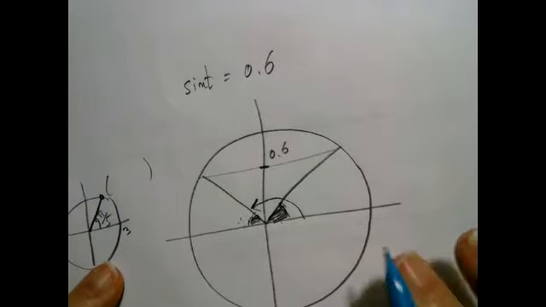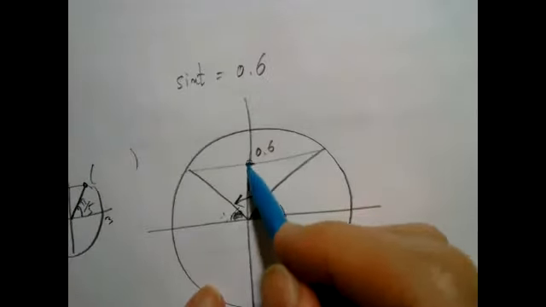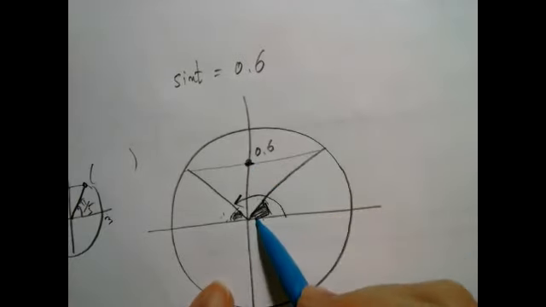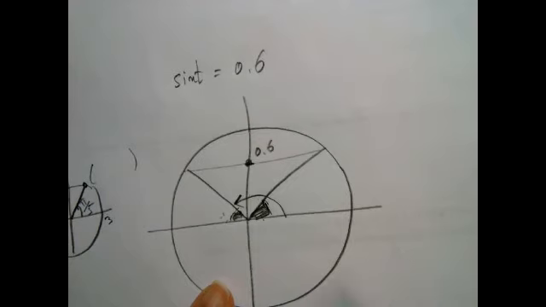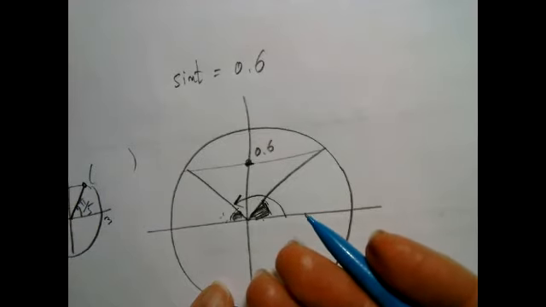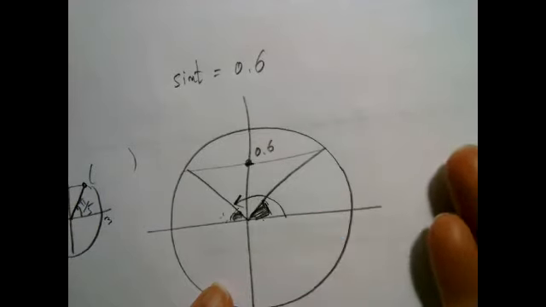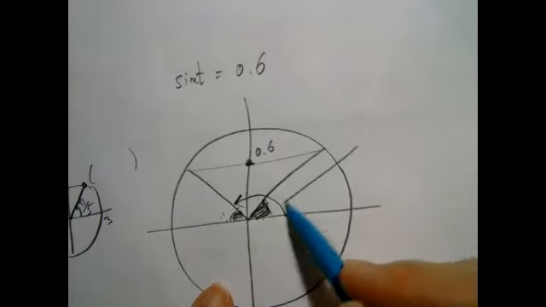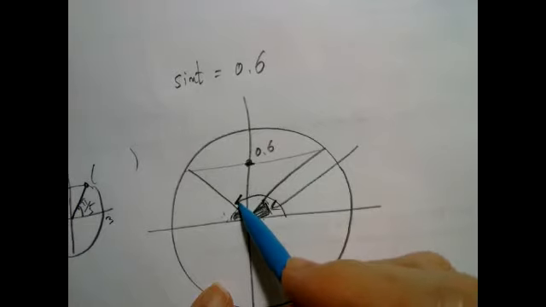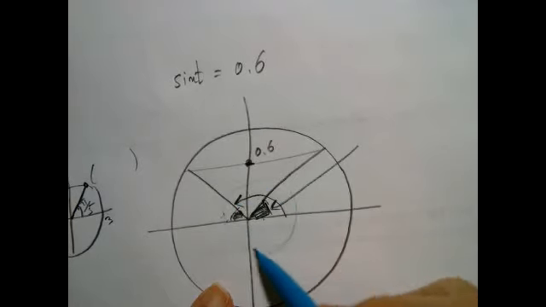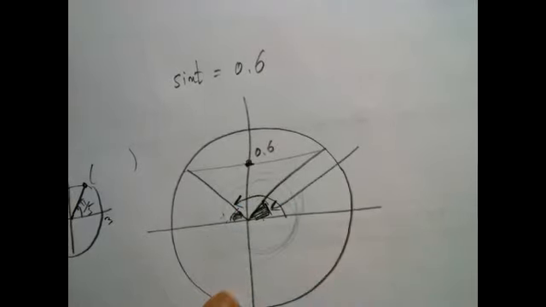Now, if I give you the coordinate, and you want to find the angle, the problem becomes a little bit different because there is more than one angle. There are actually infinitely many of them. The sine inverse gives you one. The picture gives you the other one. And then you start adding 2 pi's or taking away 2 pi, you get all the others.